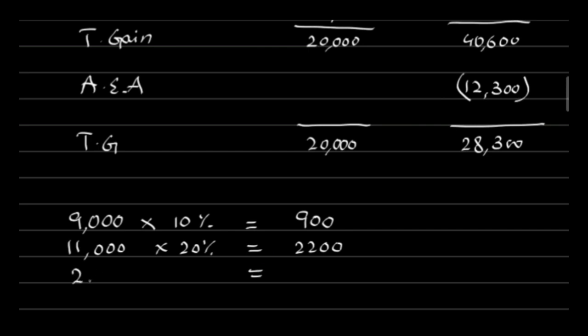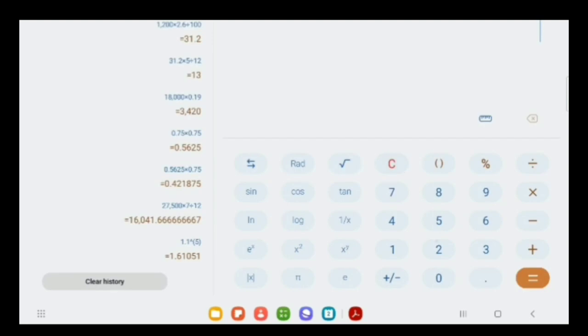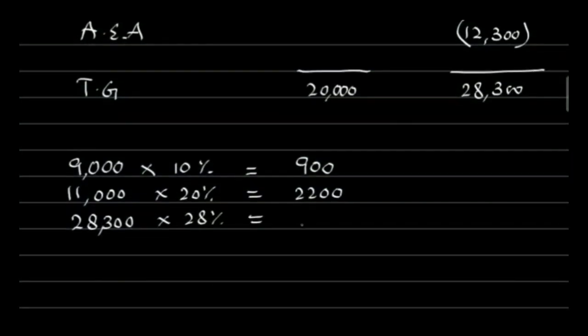Now the capital gains tax on the residential property gain is calculated at the rate of 28%. So 28,300 multiplied by 20%, and it is 5,660.